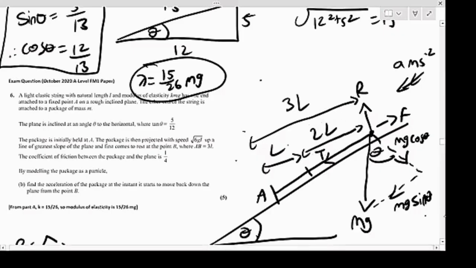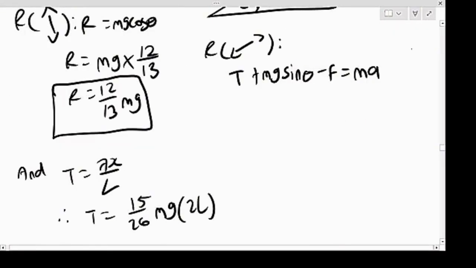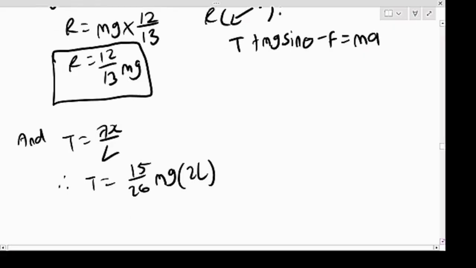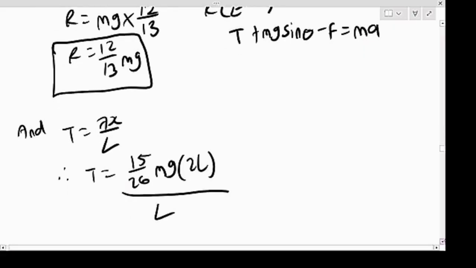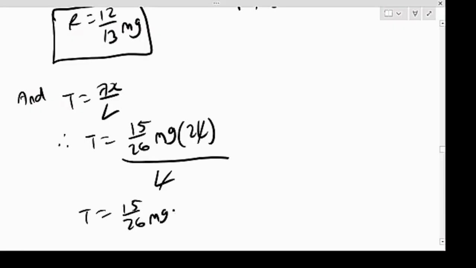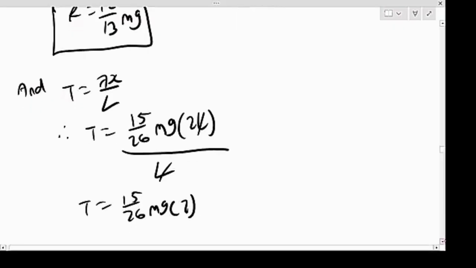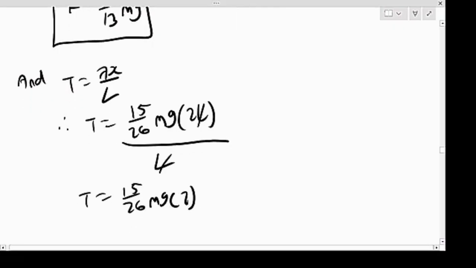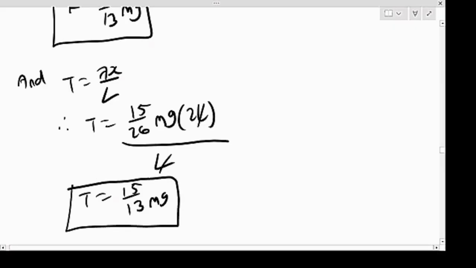The extension is 2L over the natural length, which is just L. Well, actually, you can see the L's cancel here. So we're left with T to be 15 over 26 mg times 2. And so if we work that out, 15 over 26 times 2 gets me 15 over 13. So we get 15 over 13 lots of mg for T, okay? Hopefully you can see that.